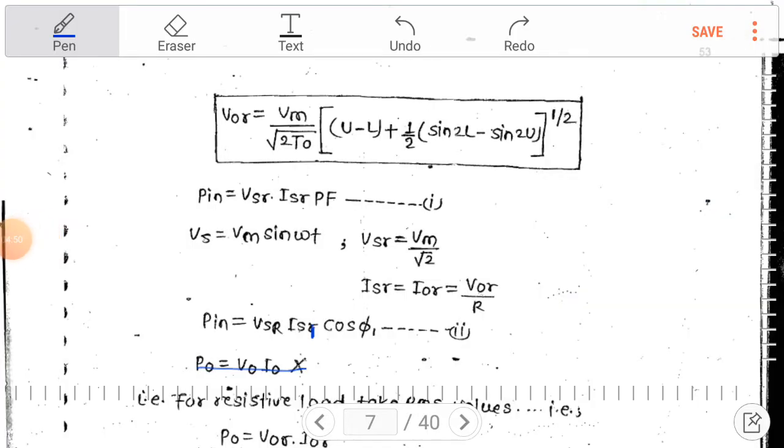Input power can be written in terms of RMS values as Vs RMS times Is RMS times power factor, and also it can be written in terms of the fundamental value of the current and fundamental component of the power factor as Vs Is1 cos phi 1, where Is1 is the fundamental component magnitude of current.